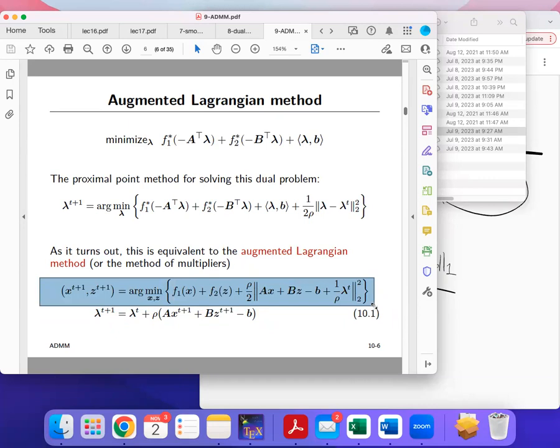So is it easy to solve this problem in practice? It's F1 of x plus F2 of z plus this quadratic term. Is there a way to solve it, for example, using proximal mapping? We have to simplify it first.